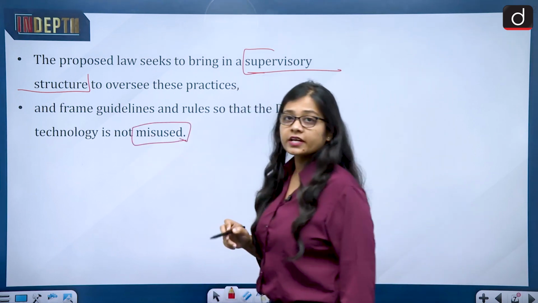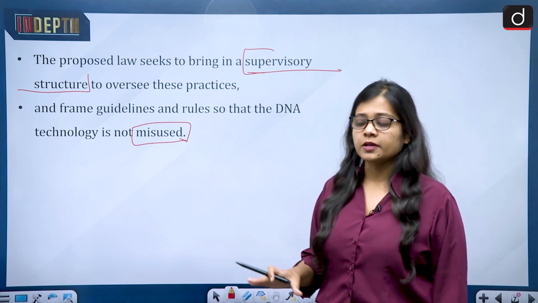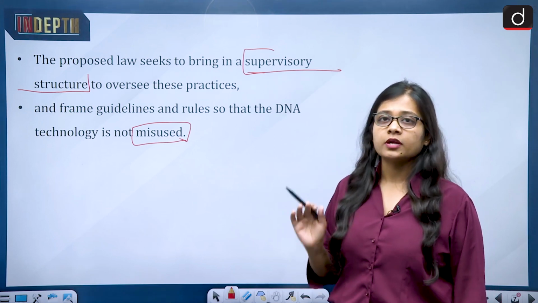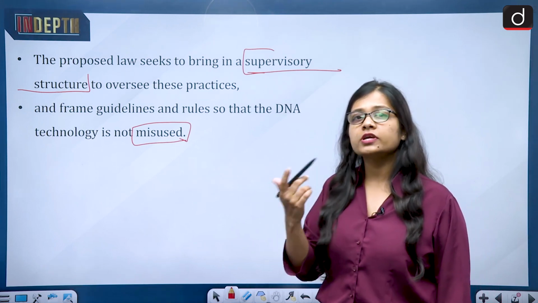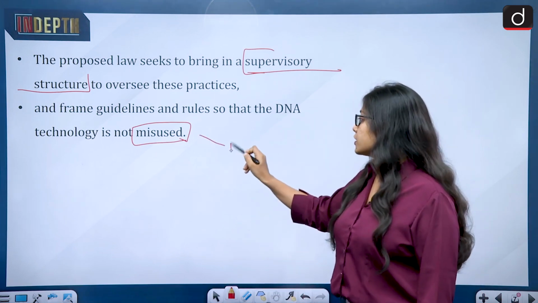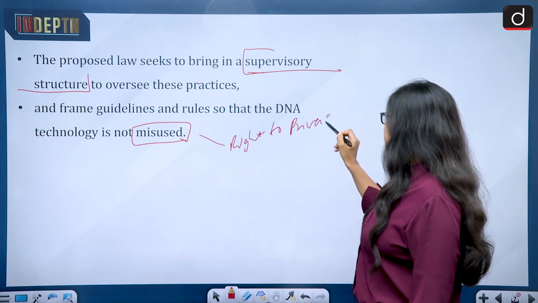And misuse of DNA technology is the biggest concern for the withdrawal of this bill, because DNA is a very sensitive topic. The problem that is also arising is about the right to privacy under Article 21.